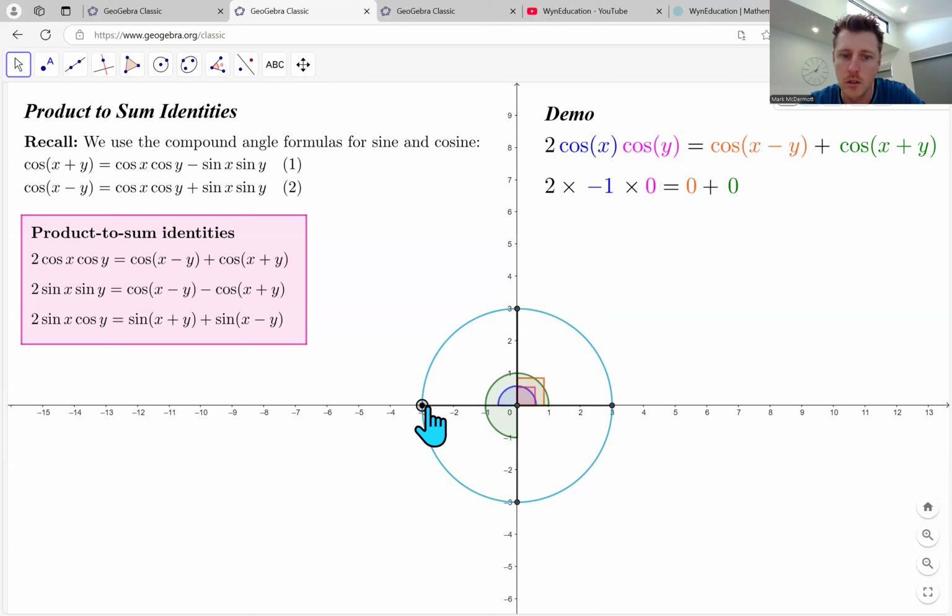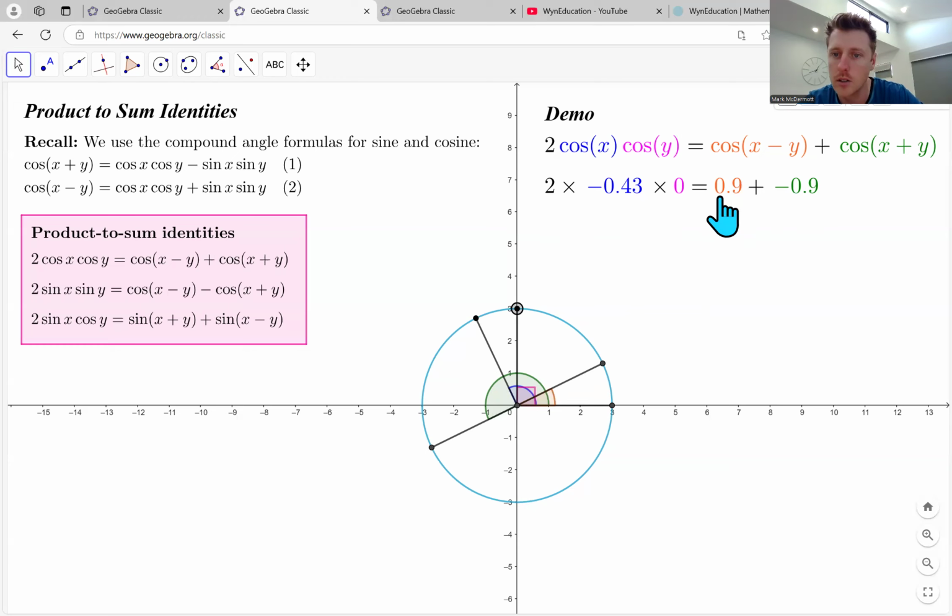If I get that to 0, yeah, there we go. 2 times negative 1 times 0 is the left-hand side. That just equals 0, and 0 plus 0 is 0. So I think you can take the leap of faith there that it holds true for all these values, even here. Cosine of the pink angle at the moment is 0, and so on the right-hand side we get 0.9 plus negative 0.9, which is also 0.